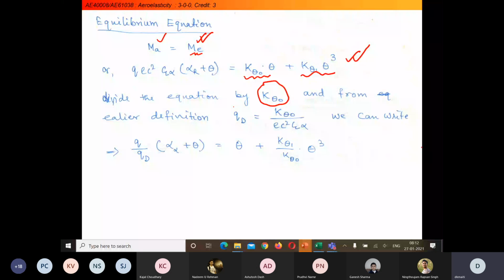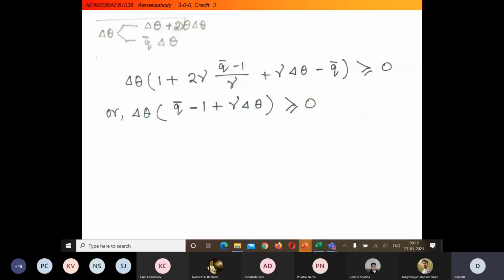After substituting that value, the equation will become q by q divergence into alpha r plus theta, and the right hand side will be theta plus k theta 1 by k theta naught times theta cubed.